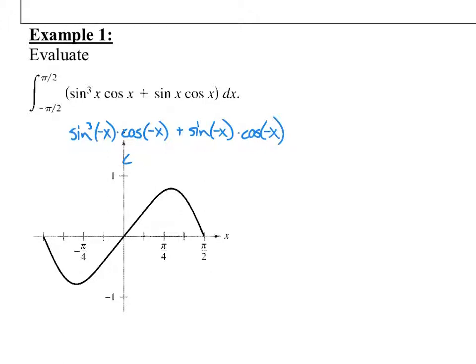Just cosine of x. All right? Now, how about sine? Is sine even, odd, or neither? What do we get when we do sine of negative x? Negative sine of x. Yeah, that's going to be negative sine of x. Sine, remember, is like this. That's an odd function. Okay?